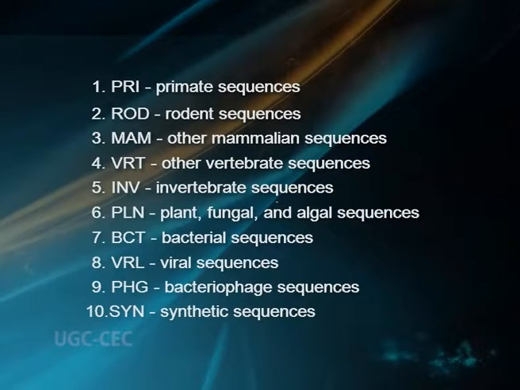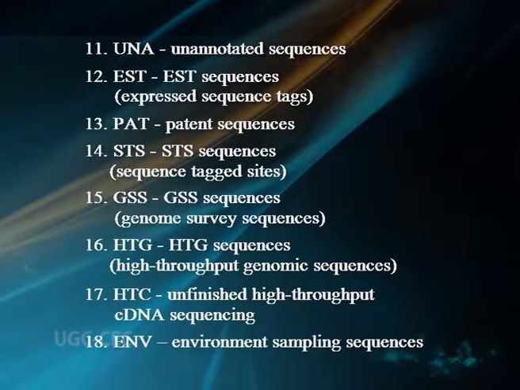Examples include PRI for primate sequence, ROD for rodent sequence, MAM for mammalian sequence, VRT for vertebrate sequence, INV for invertebrate sequence, PLN for plant, fungal and algal sequence, BCT for bacterial sequence, VRL for viral sequence, PHG for bacteriophage sequence, SYN for synthetic sequence, UNA for unannotated sequence, EST for EST sequence or expressed sequence tags, PAT for patent sequence, STS for STS or sequence tagged sites, GSS for genomic survey sequence, HTG for high throughput genomics sequence, HTC for unfinished high throughput sequence, ENV for environmental survey sequence.